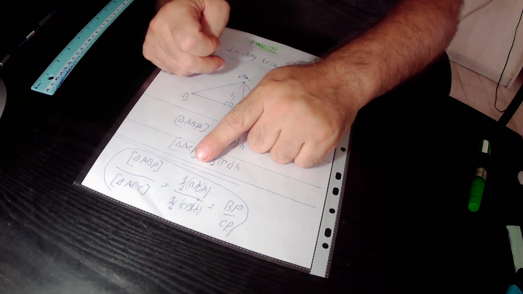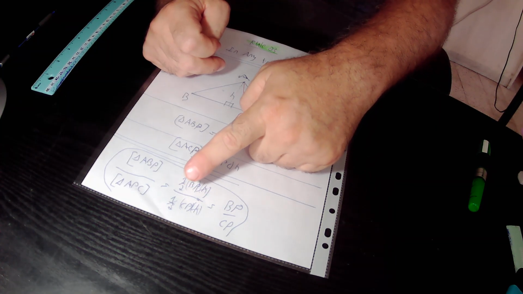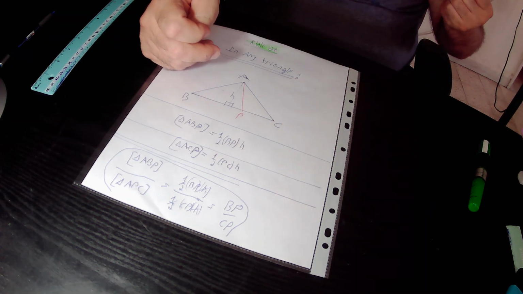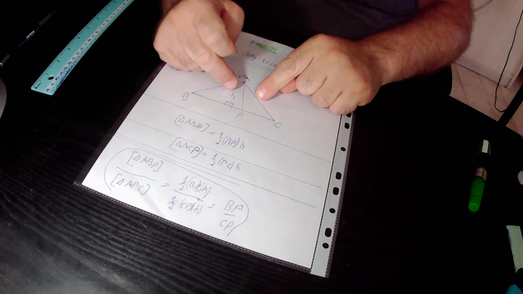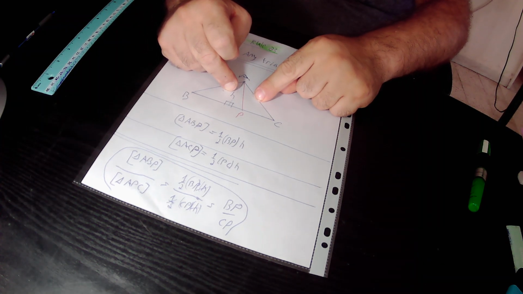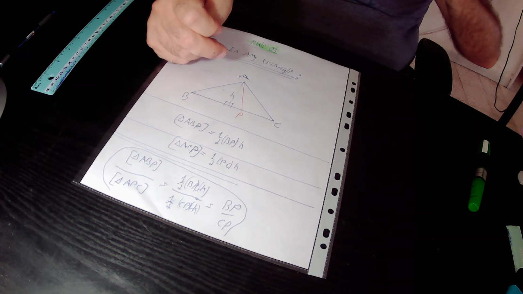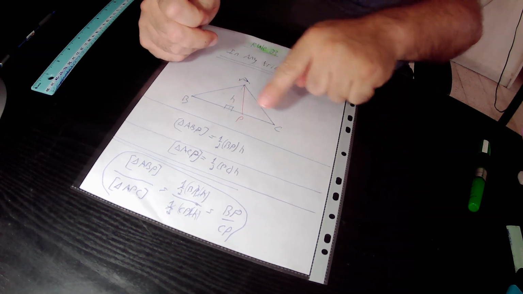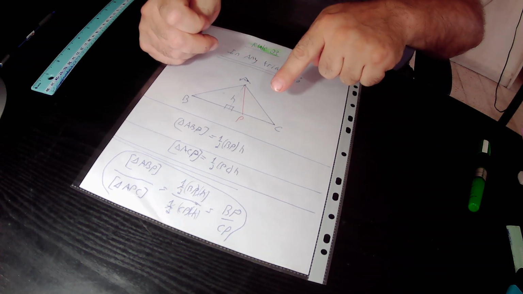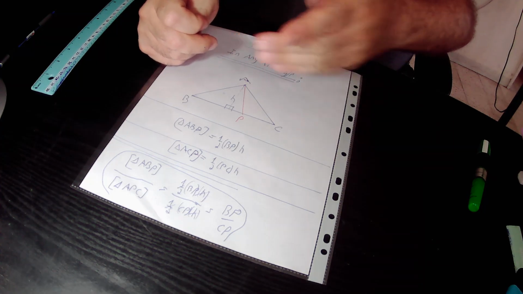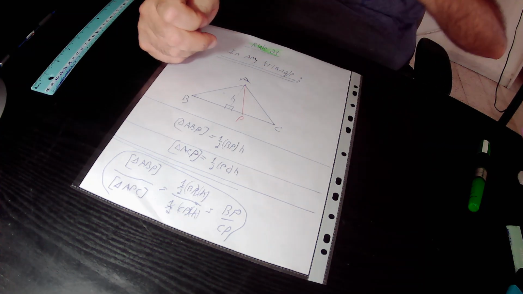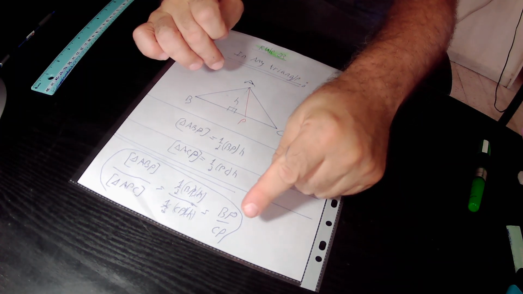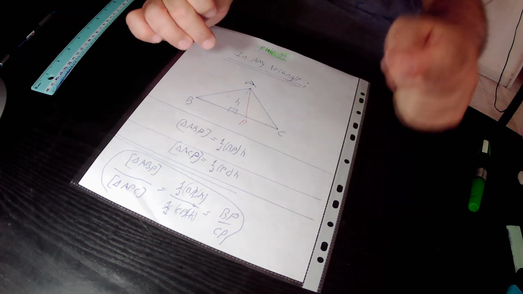Likewise, we have 1/2 in both, so 1/2 gets cancelled, and we are left only with BP over CP. In total, the ratio between the areas of those two small triangles is equal to the ratio between their corresponding bases. BP is the base of triangle ABP and PC is the base of triangle ACP, so the ratio is BP over CP.